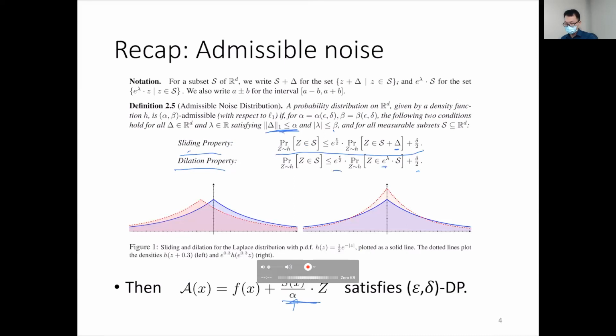And there was a little glitch in how the paper presented the proof of this theorem, so I followed a simple proof, and at the end of the day what you get is epsilon over 2 and e to the power of epsilon plus 1 times delta DP, rather than the epsilon-delta DP as claimed. I believe the epsilon-delta DP claim is true, but it requires a slightly more complicated argument.